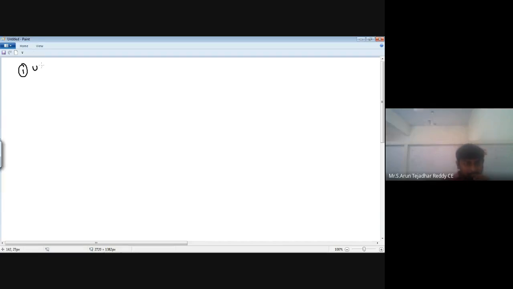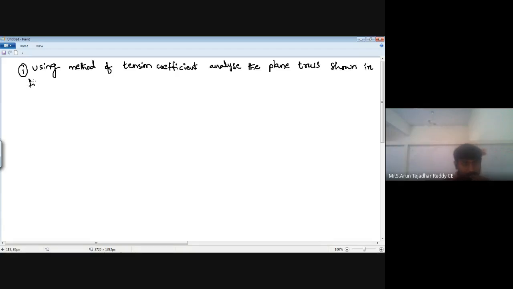Write down: using the method of tension coefficient, analyze the plane truss shown in the figure and find the forces in the members, for the given diagram.